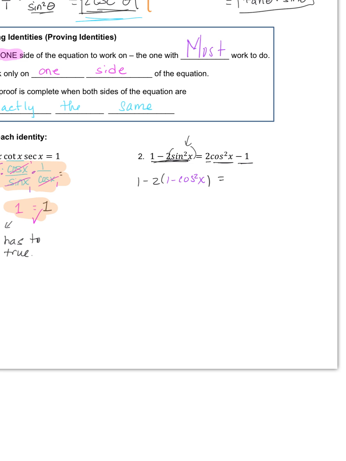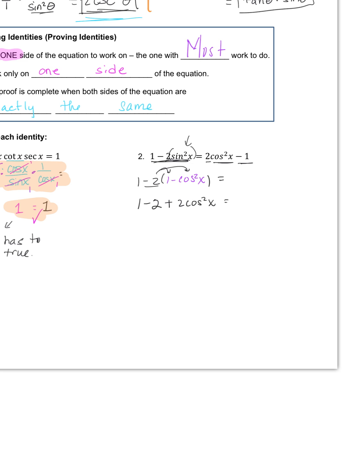So let's keep going. Mathematically, we would always distribute to get rid of the parentheses. So this is going to be 1 minus, negative 2 times a positive 1 is a negative 2. Negative 2 times a negative cosine squared x is a positive 2 cosine squared x.